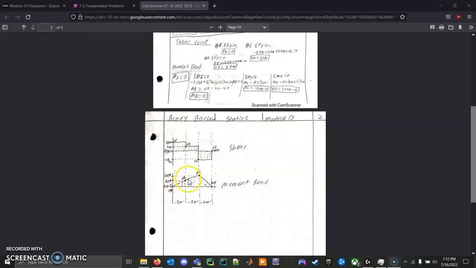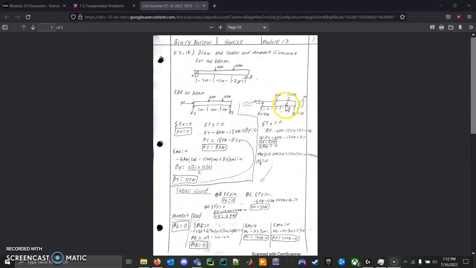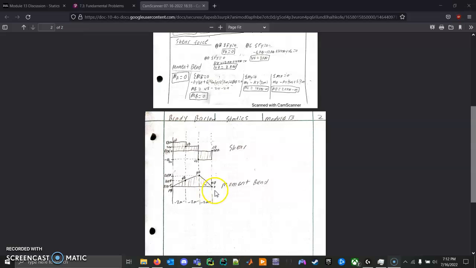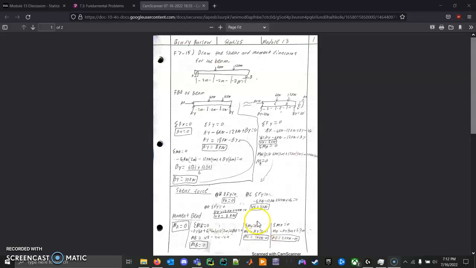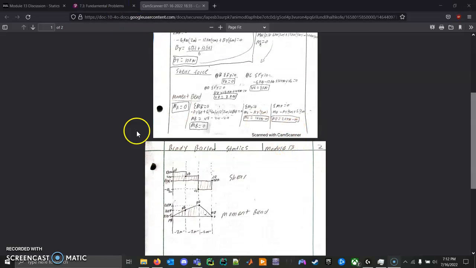Then you're going to have a smaller slope going from C to D, because it's going from 16 to 20. It's only a 4 kilonewton meter rise. And going from your MD to your MB, this last 2 meters, it's going to have a sharp drop because it's trying to reach back to 0. All in all, this is how I solved this problem.